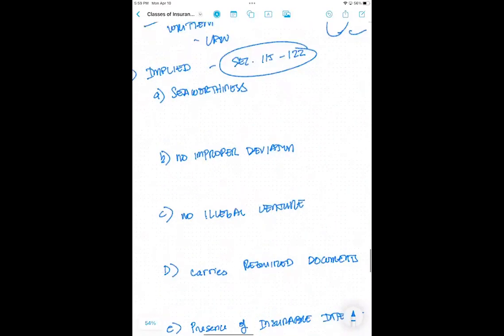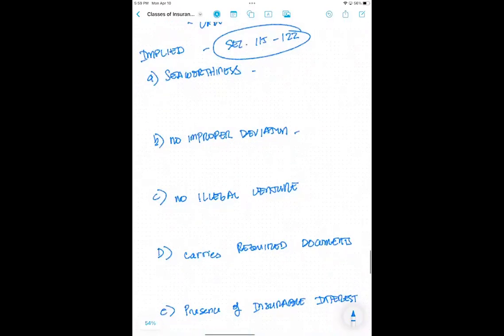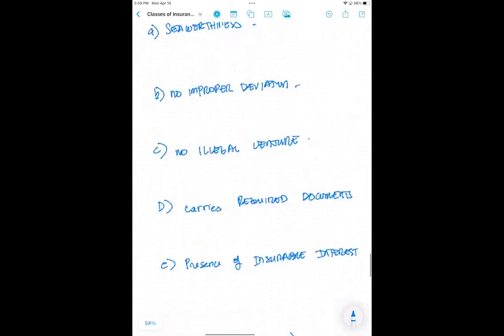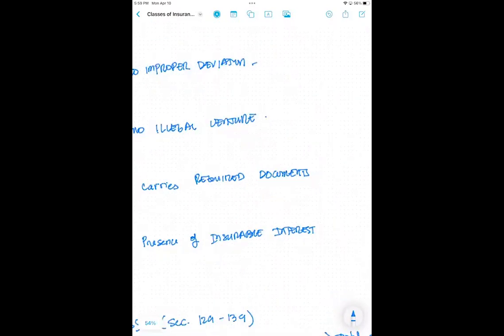There are five implied warranties. First, that the ship is seaworthy. Second, that the ship will not undertake any improper deviation. Third, that the ship will not undertake any illegal venture. Fourth, that the ship carries all the required documents.